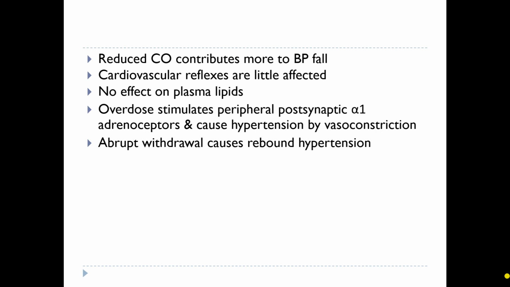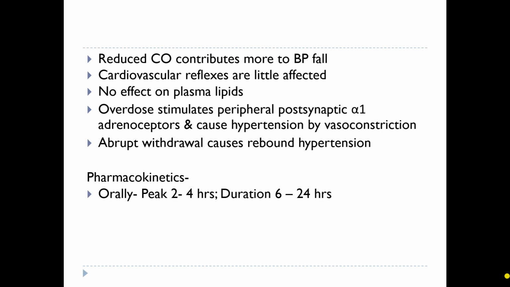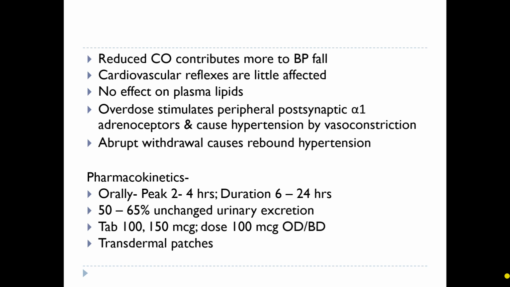Abrupt withdrawal causes rebound hypertension. Peak effect is seen in 2 to 4 hours and duration is 6 to 24 hours. 50 to 65% of clonidine is excreted unchanged in the urine. It is available as 100 to 150 microgram tablet. Dose is 100 microgram once or twice daily, and it is available as transdermal patches also.